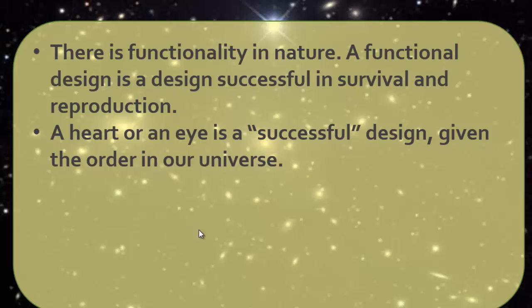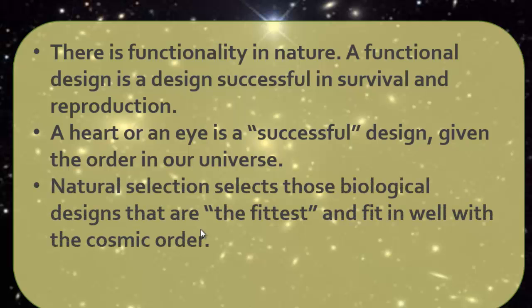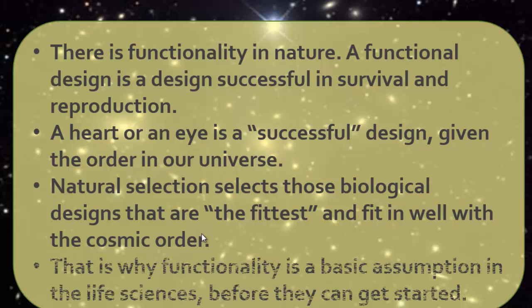If the order in our universe would be different, the heart or the eye, the way it is now, would not be a successful design. So what does natural selection do? It selects those biological designs that fit in well with the cosmic order. That's why functionality is such a basic assumption in the life sciences.